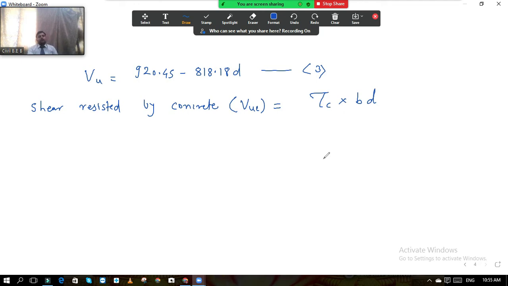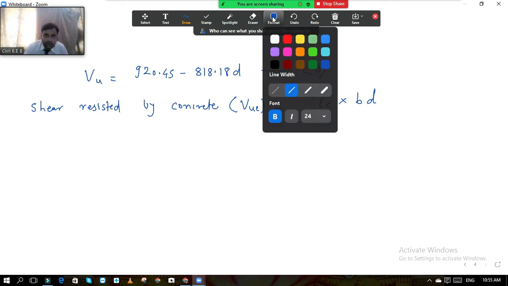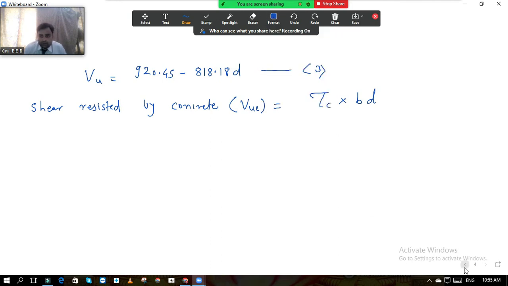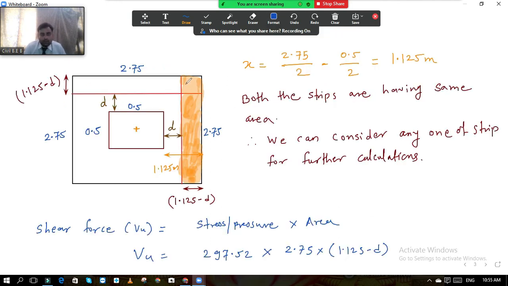Now bd is the area, and tau c is the permissible stress, that value is known to you. Now which is the area? You should see this strip. What will be the area of cross section which comes into contact? See, I will tell you. Suppose now this is your footing. This total is your footing, whatever I have shown over here.